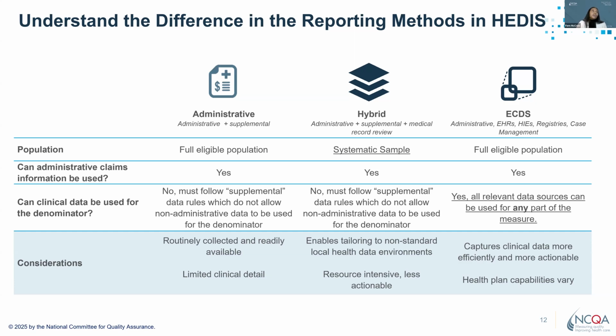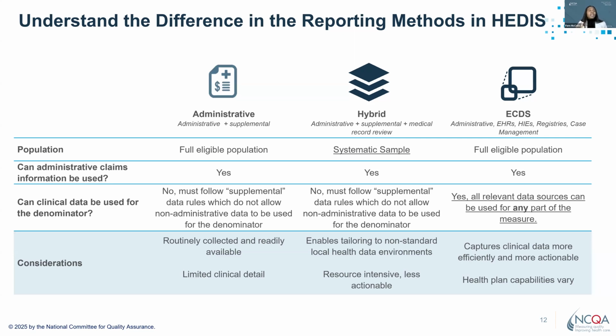And just lastly, I wanted to close, for this slide, with some of the considerations as we think about the different reporting methods. The administrative method, that data is routinely collected and readily available, but it can have limited clinical detail, to get to some of those outcomes that we may want to get, or get to more specific populations that we may want to measure.